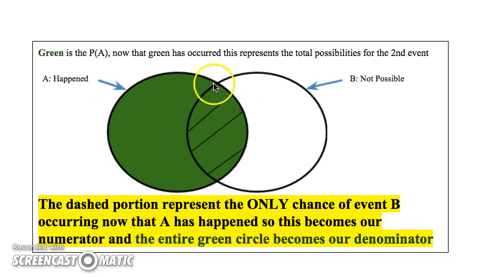Of that green circle, which is our total possibilities, this area represents the probability that event B occurs. So here's event A occurred. Of all those occurrences, this is where B happens as well. So this becomes our numerator, which is the intersection, and our denominator becomes the entire circle, the probability of A. So this is why that formula occurs.